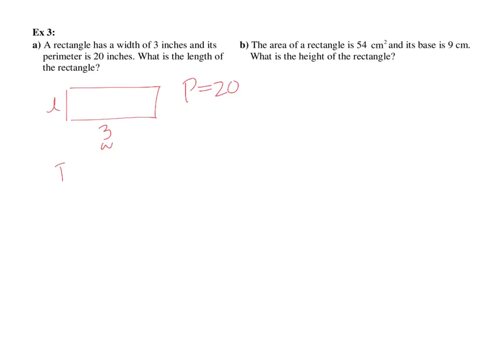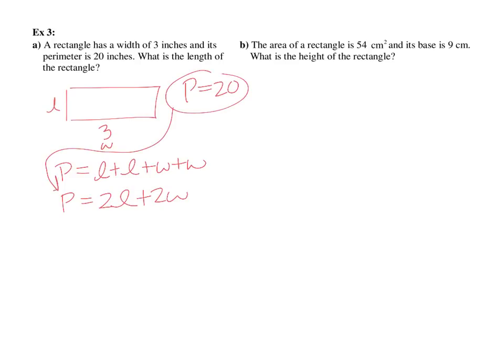All right, and I know the perimeter is equal to length plus width, or in other words, 2 times the length plus 2 times the width. All right, so what do I have to work with here? Well, they gave me the perimeter. I'm going to plug that in. And they also gave me the width, so I'll plug that in.